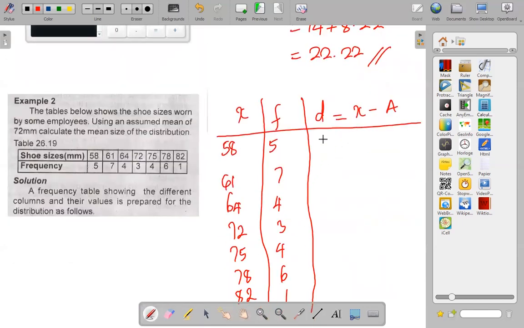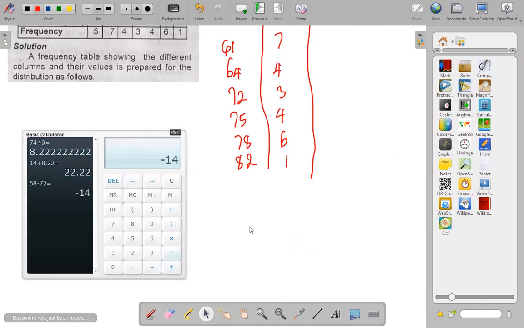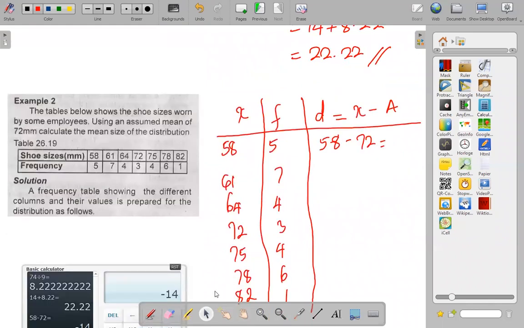And the deviation from each of these, we're making use of the assumed mean of 72. So I will have 58 minus 72, which gives me minus 14. And 61 minus 72 is minus 11. 64 minus 72 is minus 8.